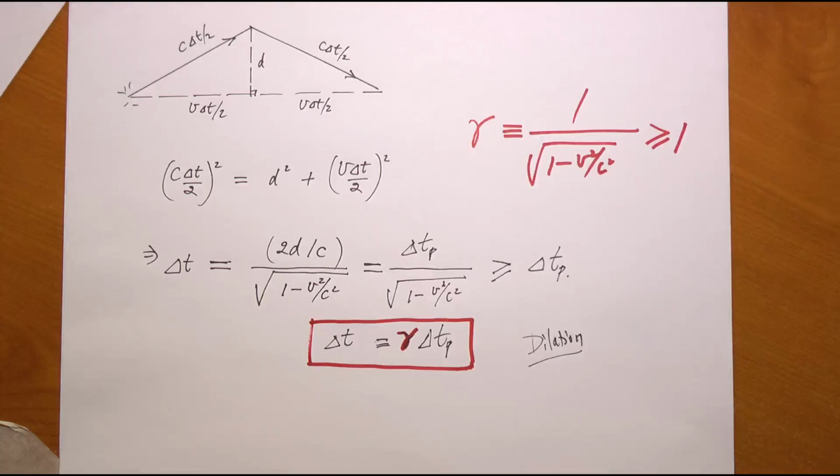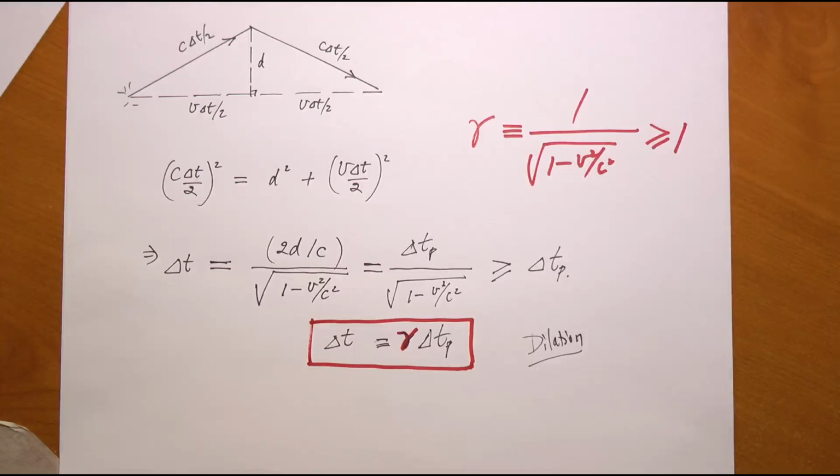Because of this gamma factor, we have one important conclusion, perhaps even more famous than Einstein's second postulate to the average person, and that is the speed of light is the fastest possible speed in the universe. I must tell you, the speed of light being the fastest speed is not a postulate of Einstein's.